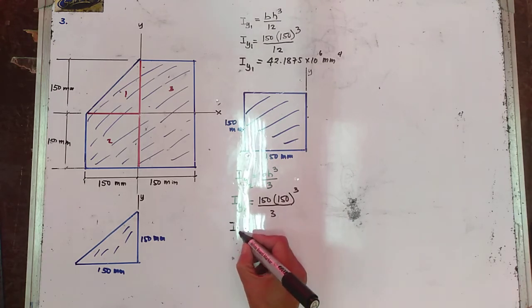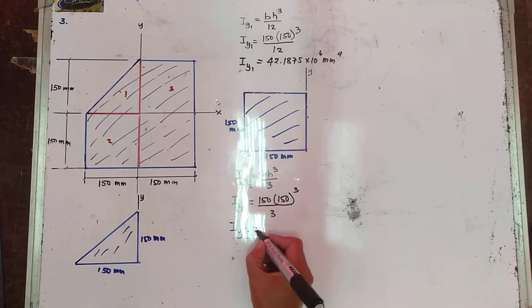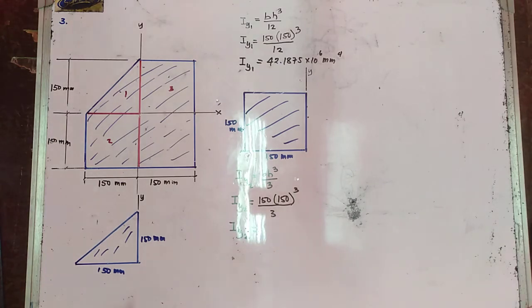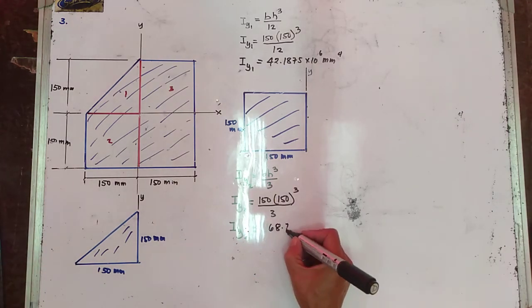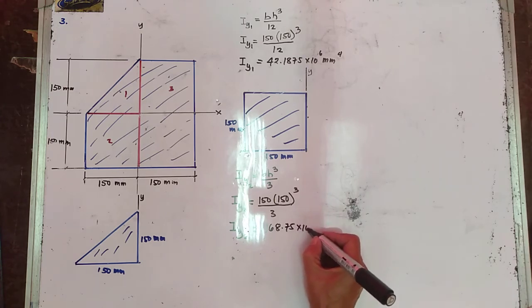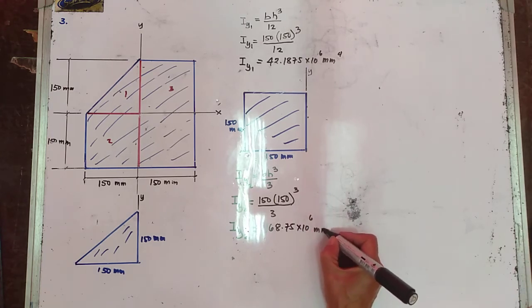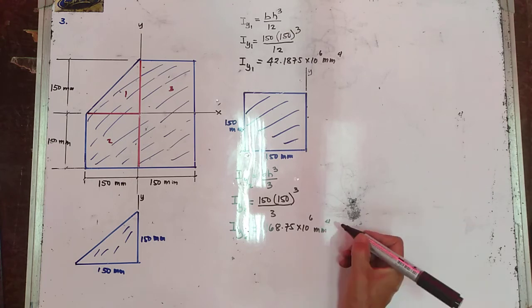So we have your Iy2 is now equal to 168.75 times 10 to the 6 millimeter raised to the 4th.